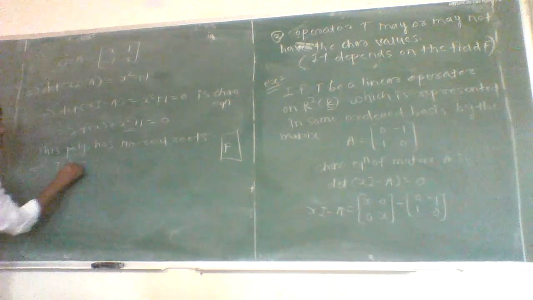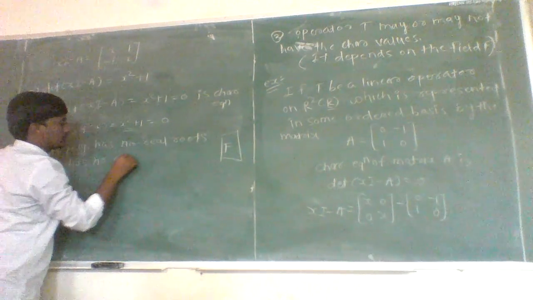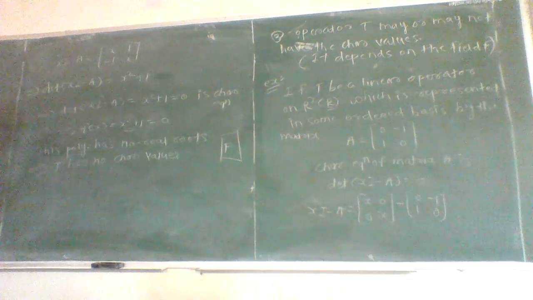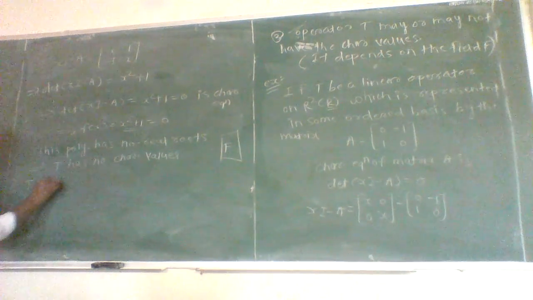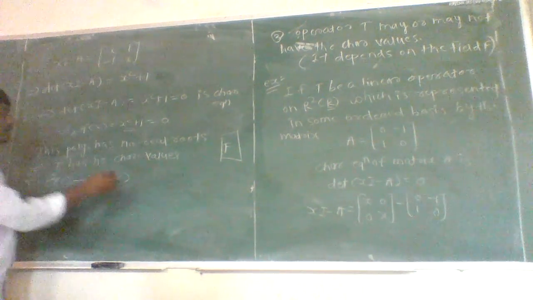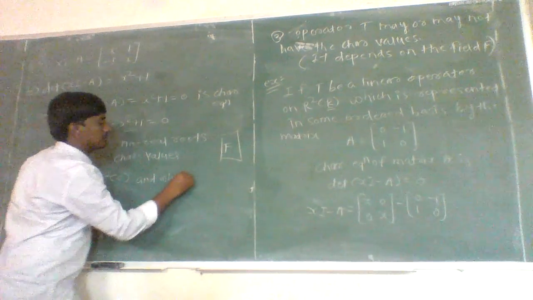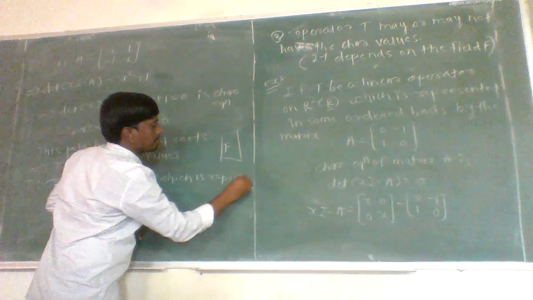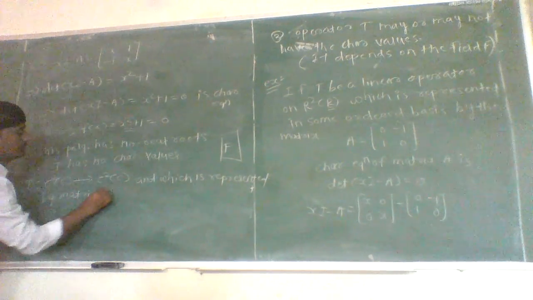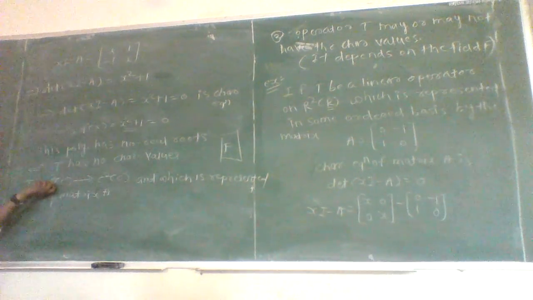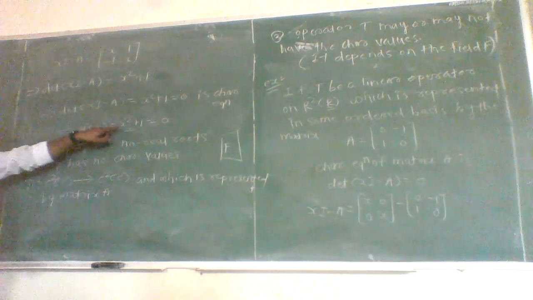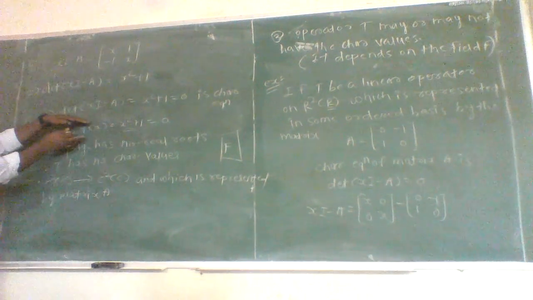which implies that T has no eigenvalues or characteristic values over vector space R2 over R. But if we take T to be a linear operator from C2 over C onto C2 over C, represented by the matrix A, and the characteristic polynomial of matrix A is x square plus 1, it has two eigenvalues i and minus i.